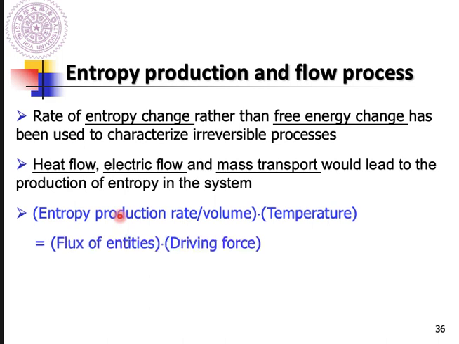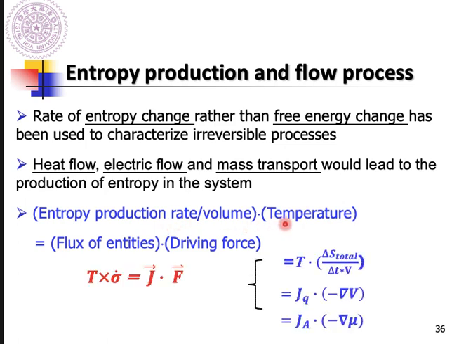We also get this universal equation, which can quantitatively describe how fast the flow process is: the absolute temperature times the entropy production rate per volume equals the flux times the driving force. I just summarize some results here, and you can check the results shown in the previous slide.